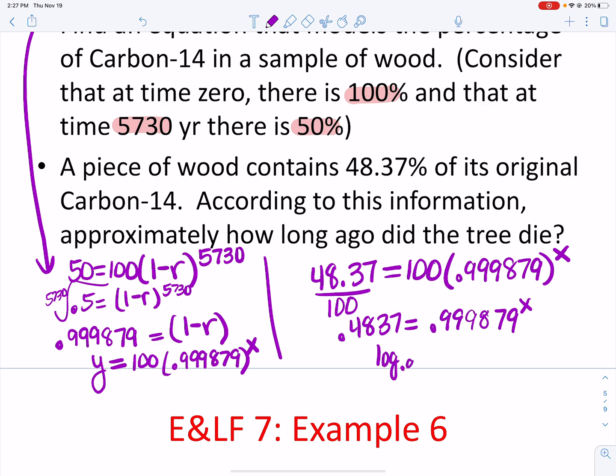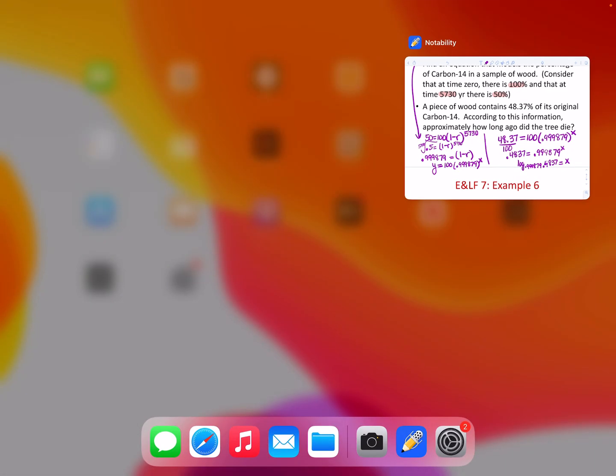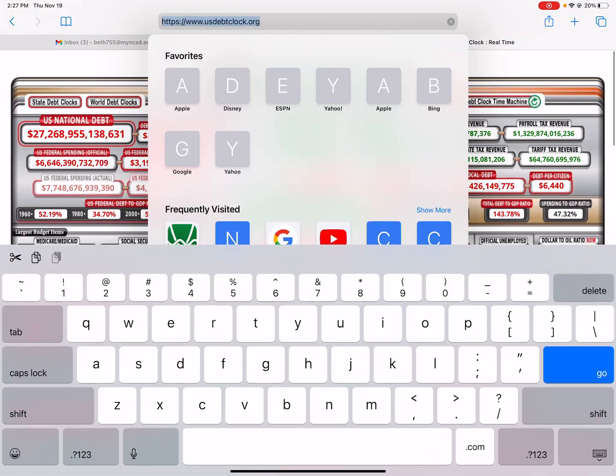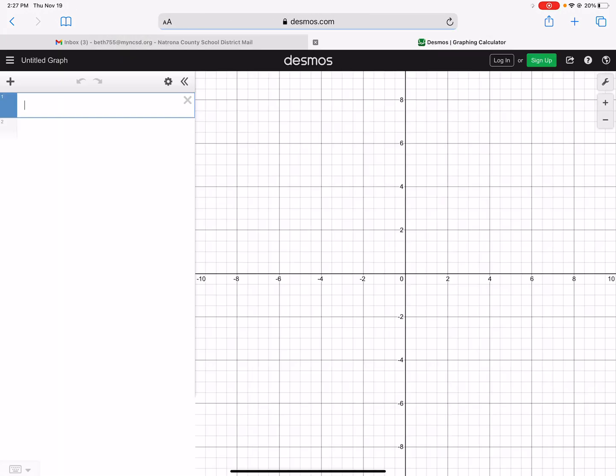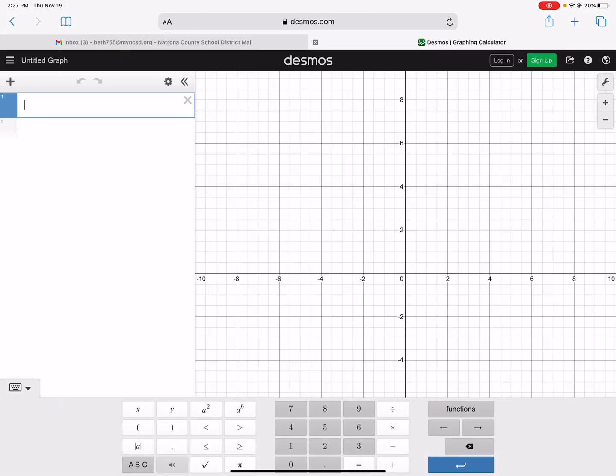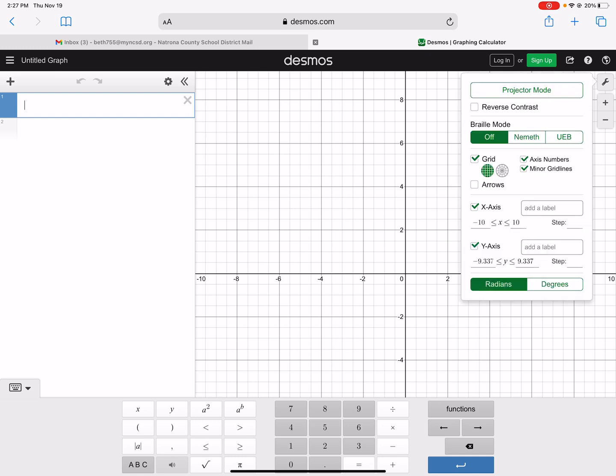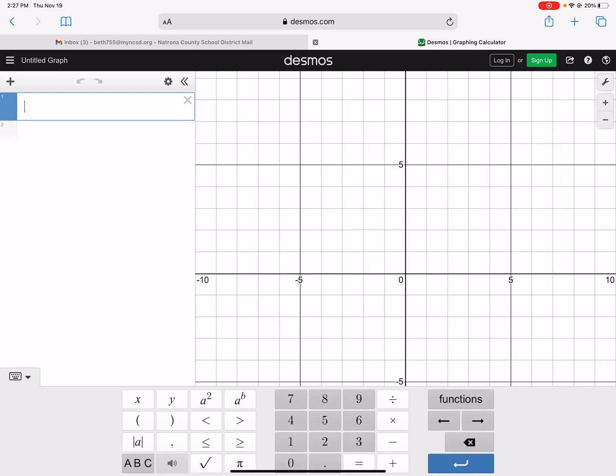Okay, so I'm going to do log base 0.999879 of 0.4837 equals x. And now I'm going to show this to you guys on Desmos just because I want you to see why, since it's such a tiny rate, you actually want to round it 6 places. I'm going to go like this just so you can see it. It's a little bit bigger. Tyler showed me that today.